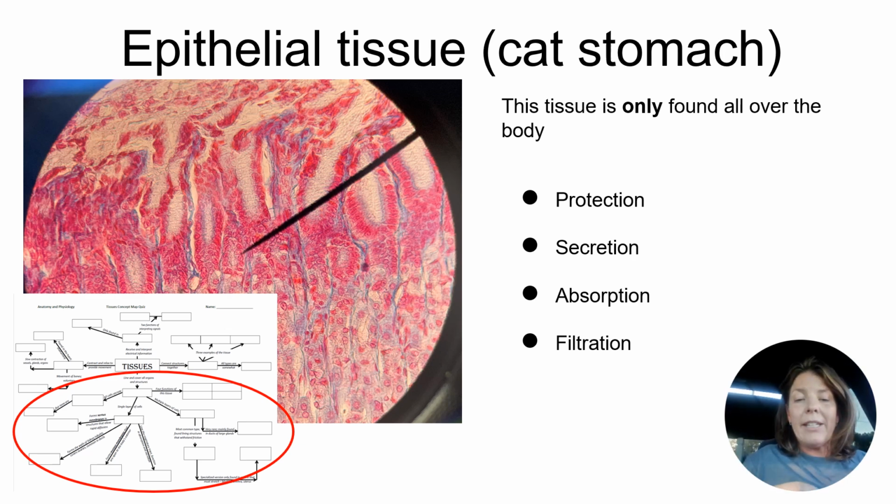We have epithelial tissue whose job is to protect, secrete oils, glands, or hormones, to absorb gases, minerals and nutrients, and to filter out wastes and nutrients and minerals within the body.